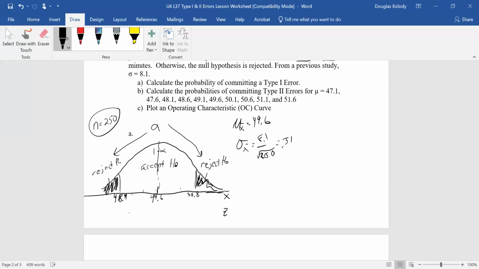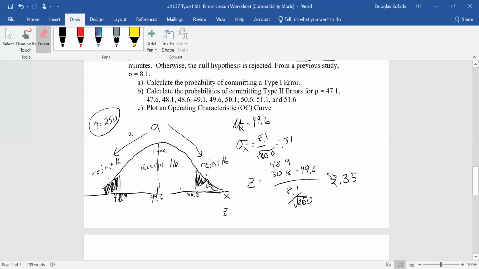So I'm going to turn 50.8 into a z-score. So 50.8 minus 49.6 divided by 8.1 over root 250. And I get a z-score of 2.35. For the sake of time, 48.4 is equidistant. So it's actually going to be plus or minus 2.35.